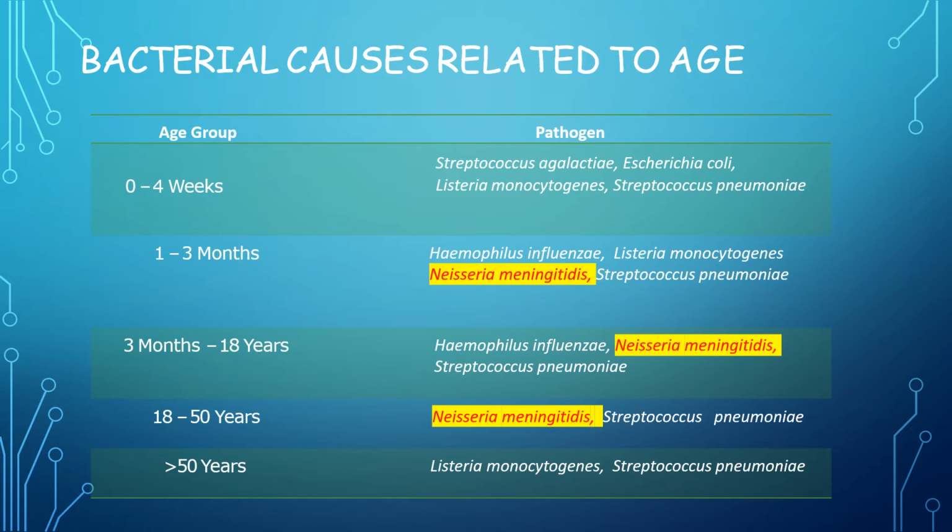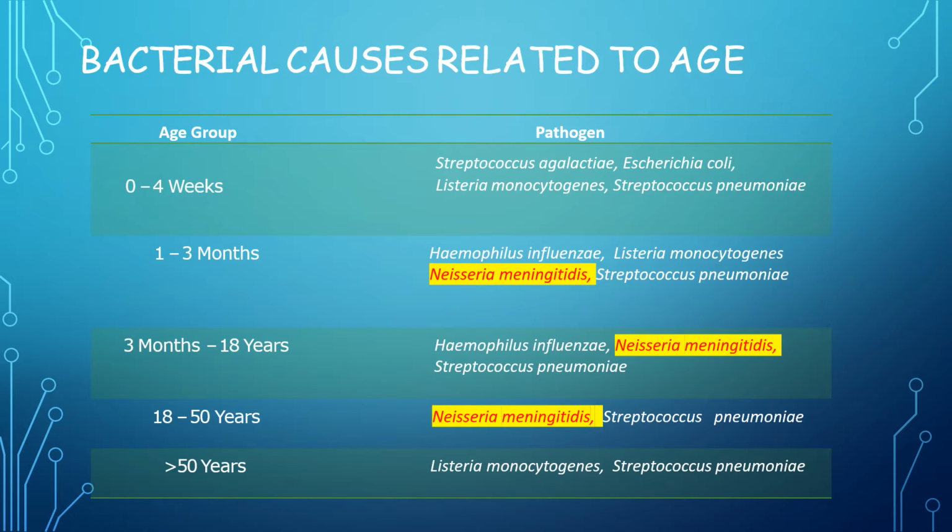The other part is meningitis caused by infectious agents, which may be bacteria, a virus, a parasite, or a fungus. So this table shows the bacteria which cause meningitis related to the age group.